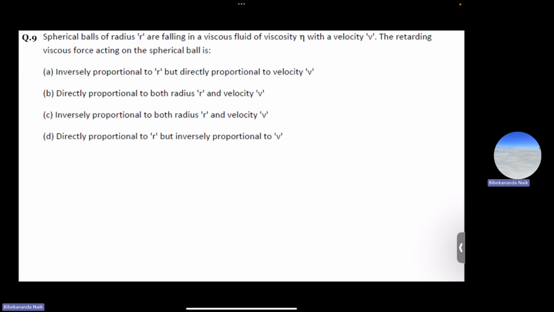Option B, directly proportional to both radius r and v. Option C, inversely proportional to both radius r and v. And option D, directly proportional to radius r but inversely proportional to v. So I'll give you a few minutes to think about this question and decide which one is the correct answer, and then we will discuss the concept of viscosity and find out the correct dependence.